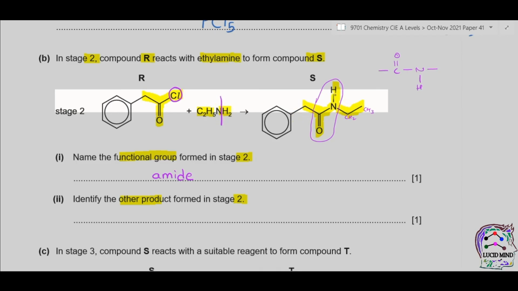So one hydrogen atom is still present with nitrogen while one hydrogen atom is lost. So this hydrogen can react with this chlorine to form HCl. So the other product formed is HCl. We can also say that this bond has broken and this group has attached instead of chlorine.